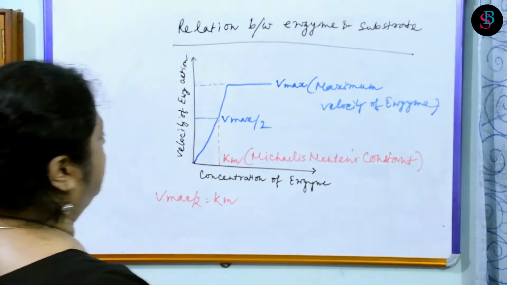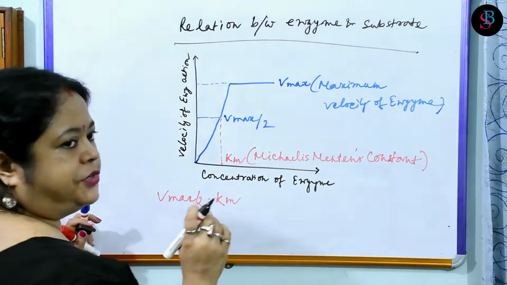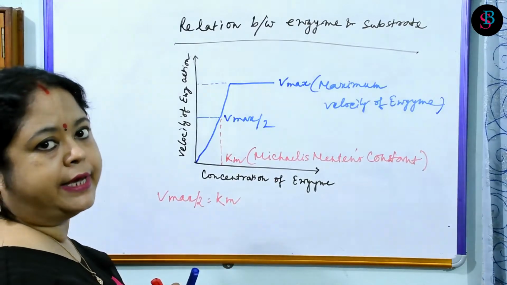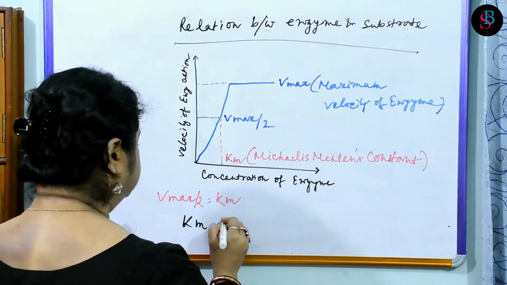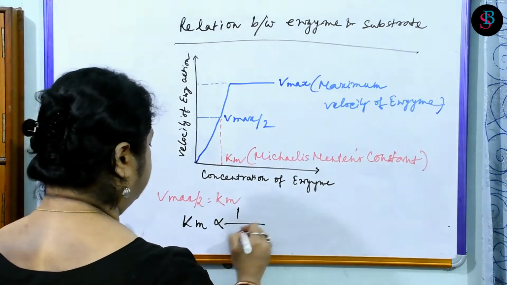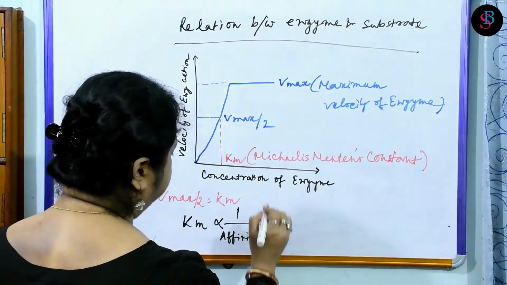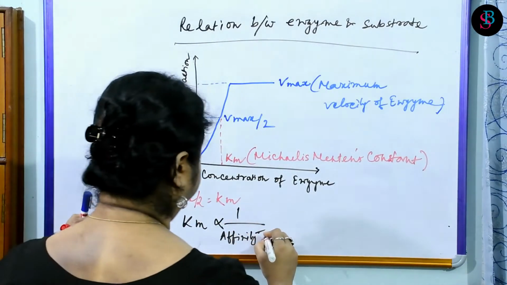So what's the relation of Km with the enzyme affinity? The affinity of the enzyme is inversely proportional to the value of Km. Affinity to whom? Affinity to the substrate.